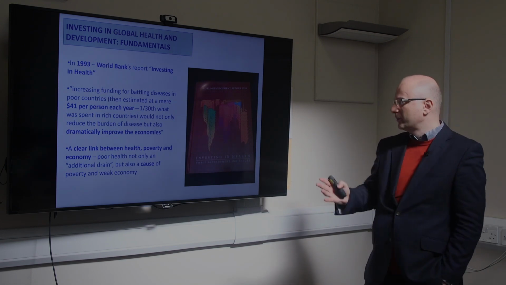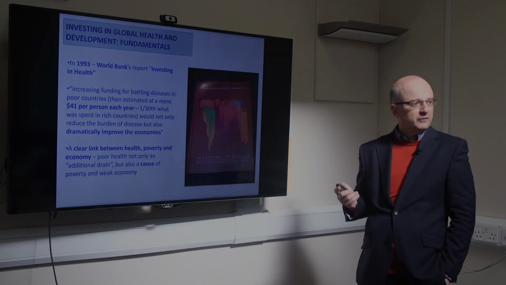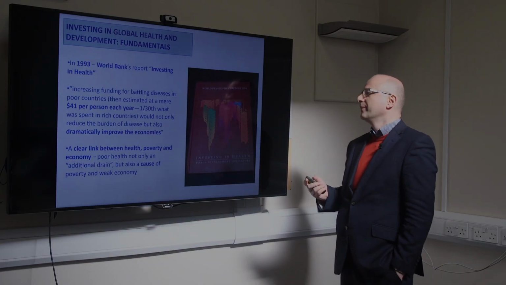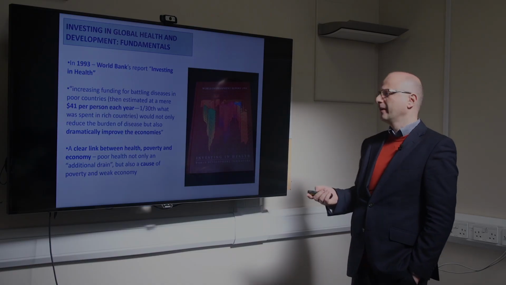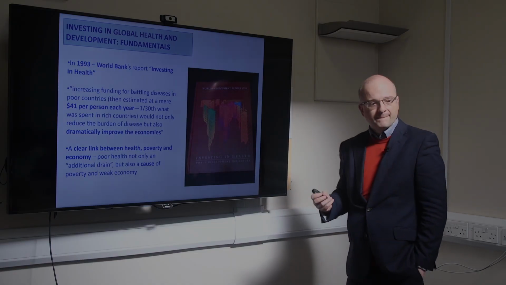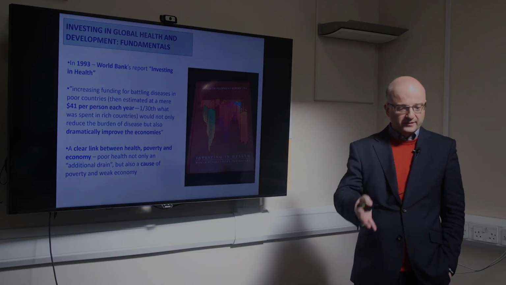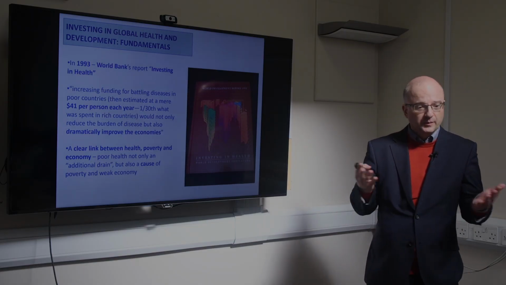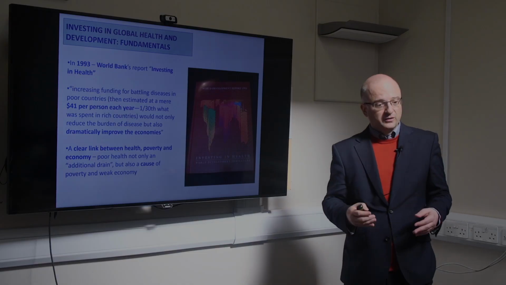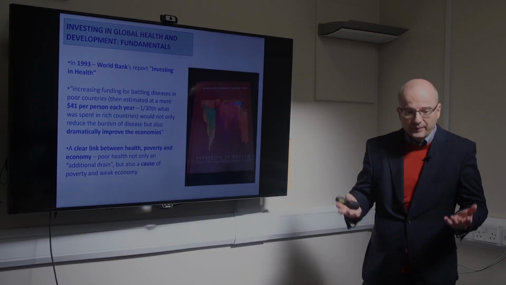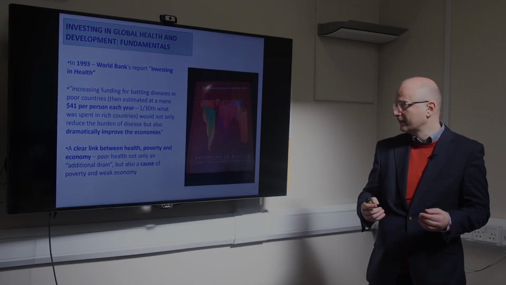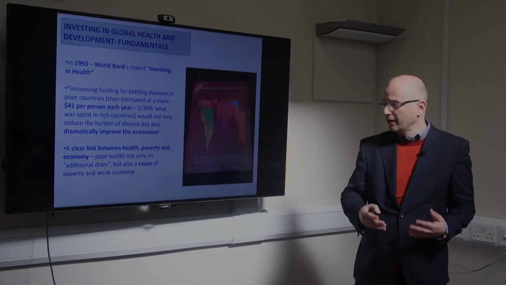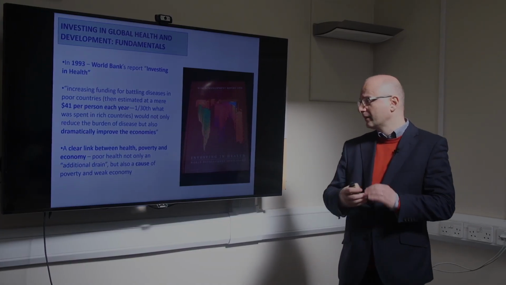So from that onwards, a lot of thinking was going into how much money do you put in health, and how do you split this money? Because you could invest in health research to develop some new health interventions. You could invest in building your health system, and you could invest in educating your health workers, people who work in health.